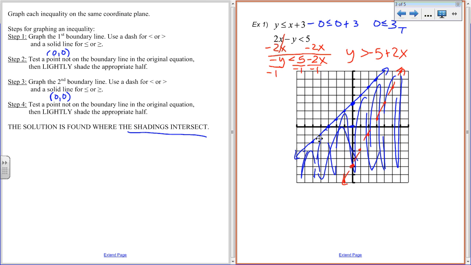But if I didn't flip this inequality, it'd be a completely different statement. So always go back to your original equation. I get 2 times 0 minus 0 is less than 5. So this whole left side became 0. True or false? 0 is less than 5 is true.